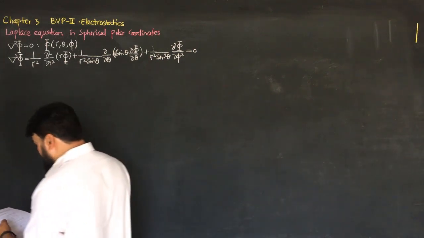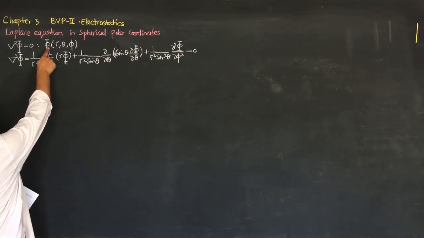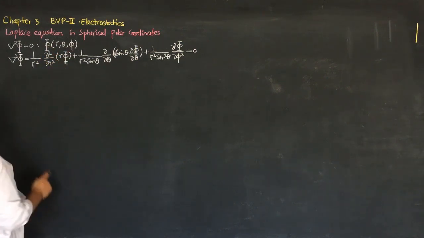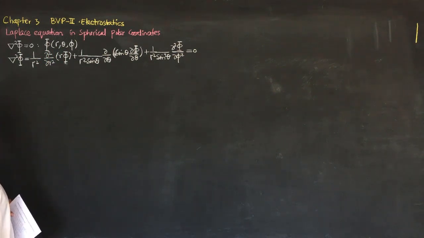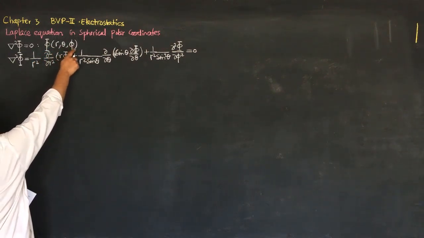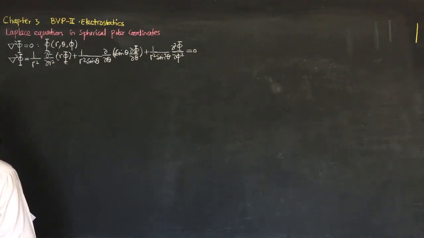So let's start here. We have a potential, which is phi as a function of r, theta and phi. In spherical polar coordinates, we have discussed in the earlier lectures what the spherical polar coordinates are, what their limits are, and how they make a sphere.